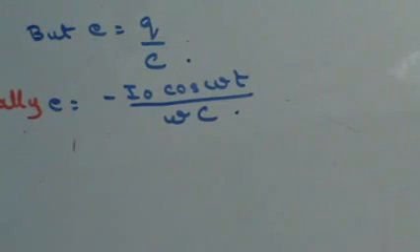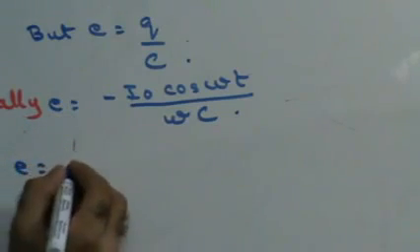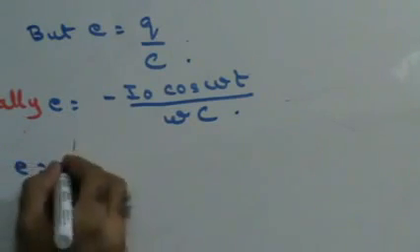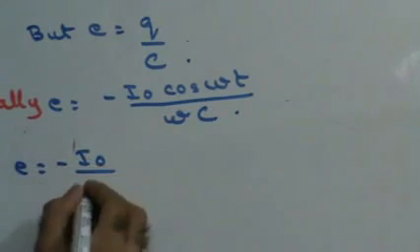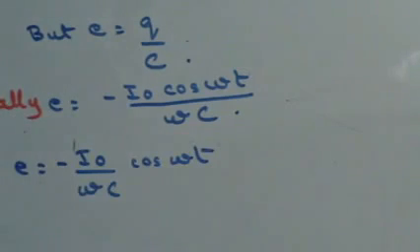Yes, I will use that. Just give me a second. I'll get the constant. Okay. Now once I have this, I'll get E is equal to minus I0 upon omega C cos omega t.